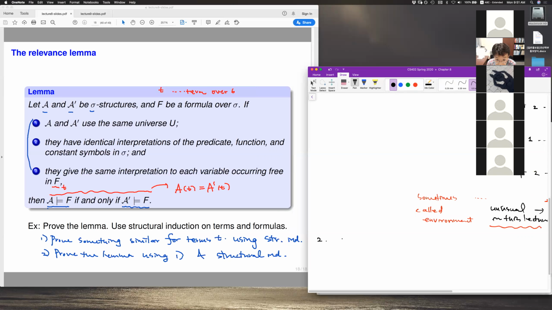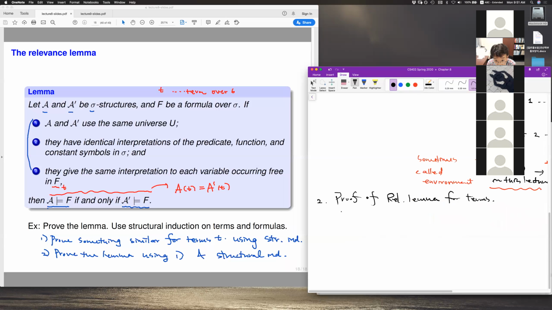Relevance lemma for terms. So this proof is by induction. So we have to consider the base case.